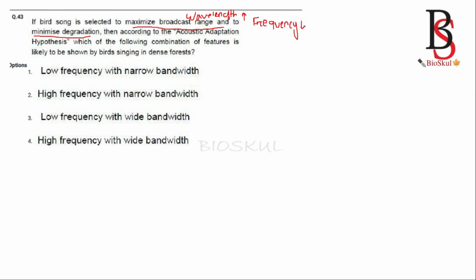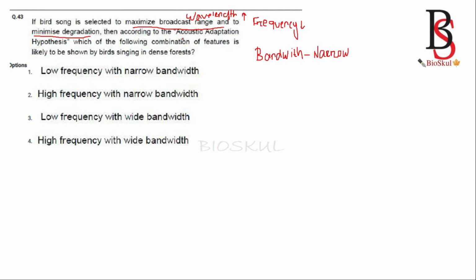And the sound degradation will be minimized. If the sound degradation is minimized, then the bandwidth should be narrow. If the bandwidth is wide, that will lead to degradation of the sound. So to minimize sound degradation, the bandwidth should be narrow.